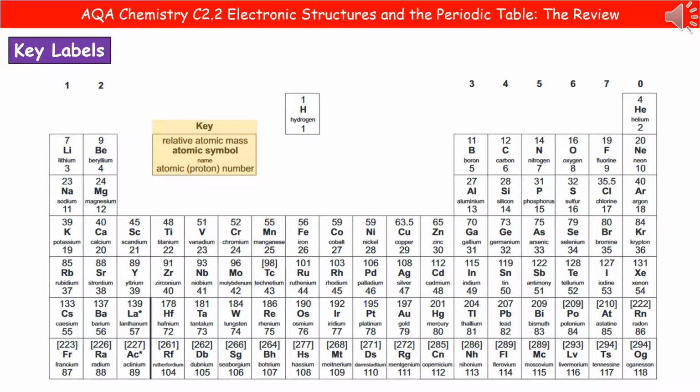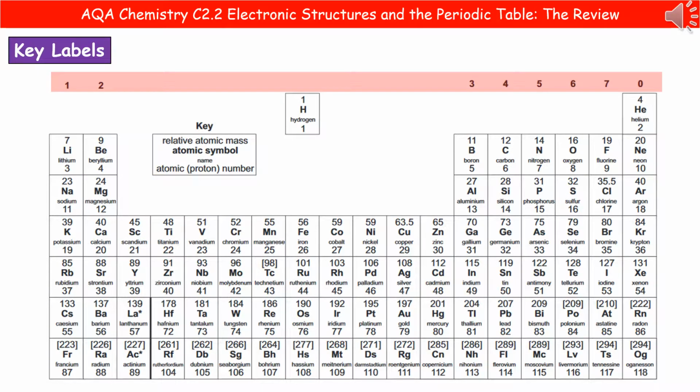So you don't have to remember which way round the numbers go, because you get a key printed on the one you get in the exam that tells you which is the relative atomic mass and which is the atomic number. The second thing that's labelled on the copy of the periodic table you get in the exam are the actual group numbers. So if you have a look in that pink bar at the top, you can see that you've got numbers 1, 2, 3, 4, 5, 6, 7 and 0, which are the group numbers for those columns.